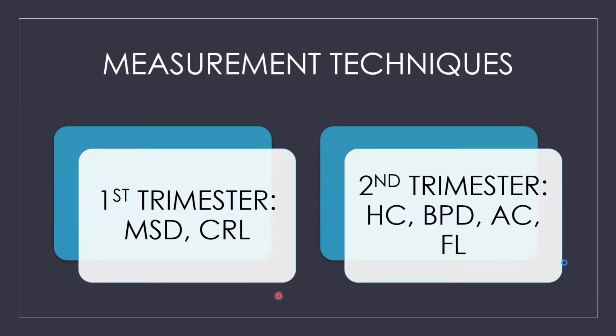Okay, so two measurement techniques in the first trimester. We're going to go over those. And then the second trimester, I believe I have those in here, but if not, we'll be able to go over those with your nurse manager. So first trimester, the two measurements that you'll be looking to do are the mean sac diameter and the crown rump length.